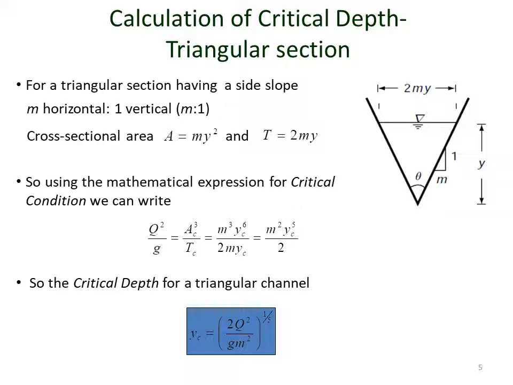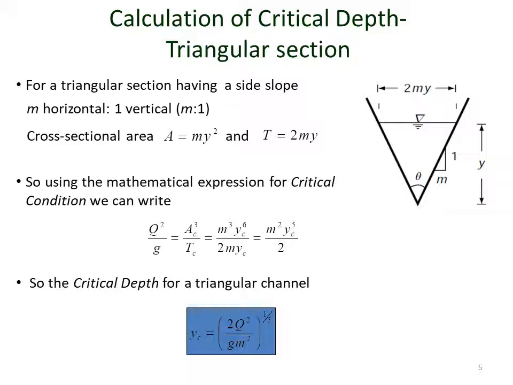Note that the side slope of the triangular cross section is given by m:1, or m horizontal to 1 vertical. This is the way by which we designate the side slopes of the cross sections, m:1.